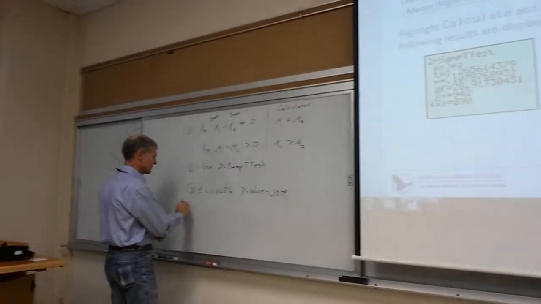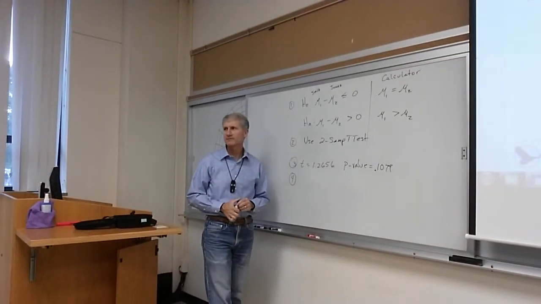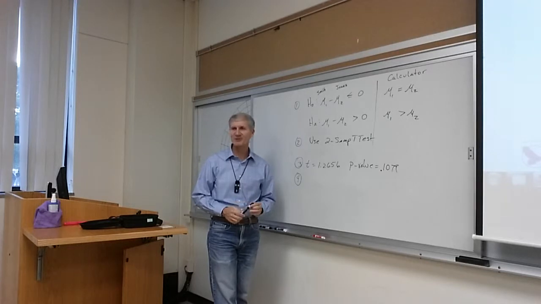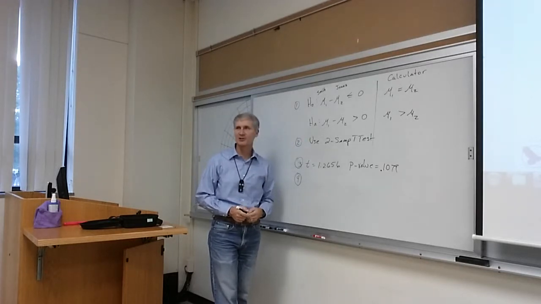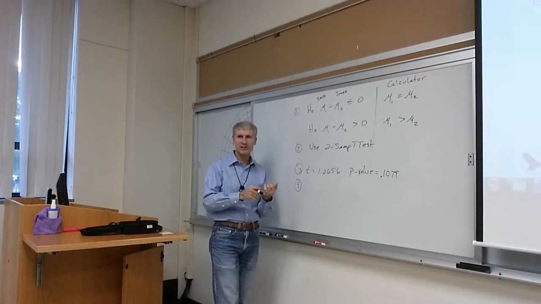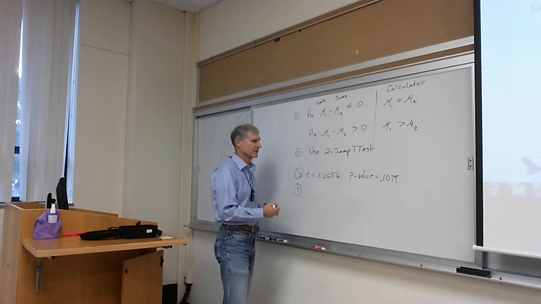Step number 4. I said there were 4 steps. This is the 4th one, which means we must be ready to interpret what we got and make a conclusion. So, there's 2 parts to that. The first one is, do I reject the null or do I fail to reject the null? And then, we have sufficient evidence or we do not have sufficient evidence. So first of all, reject or fail to reject?